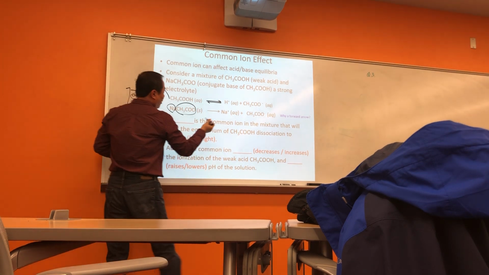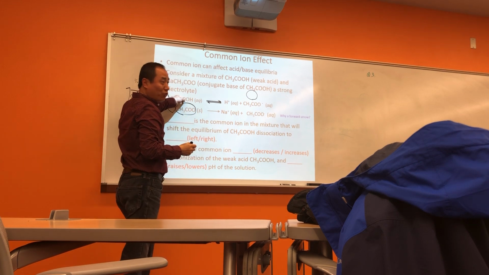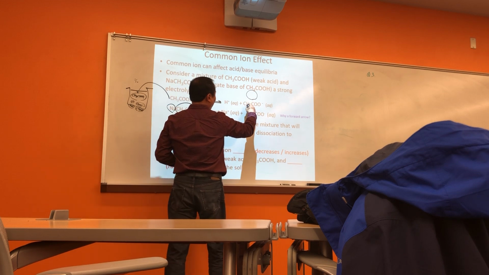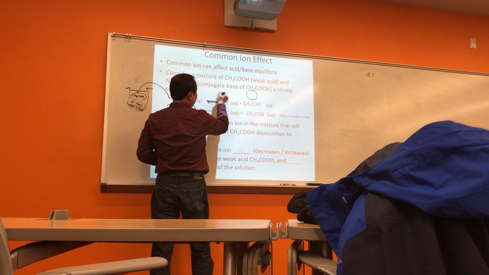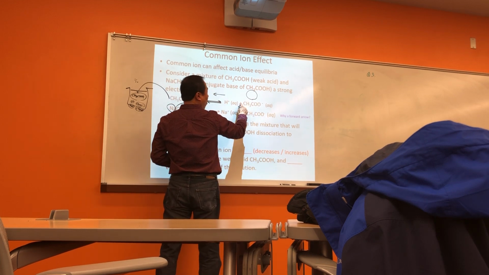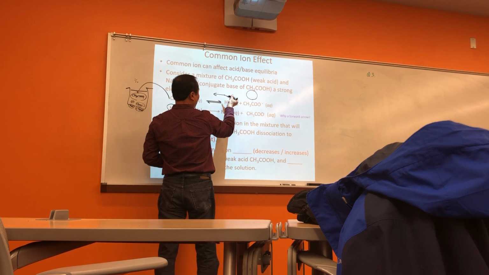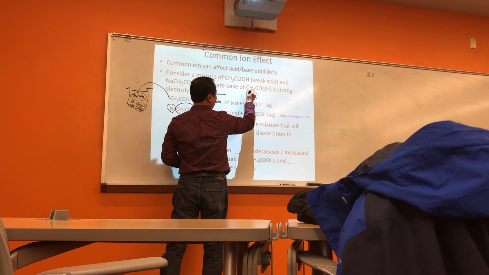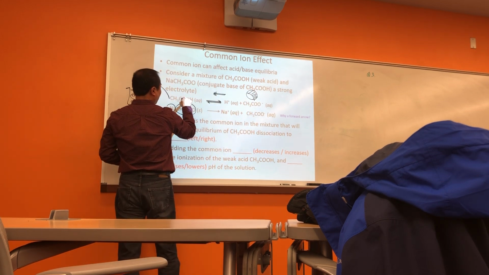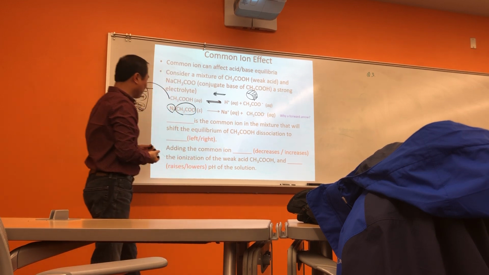So if you add extra of this, the system tries to oppose the change. Instead of having a lot more of that, it can shift in this direction to reduce the change. Chemical systems oppose change. So when you add more of this, it shifts in this direction, removing some of that. That means you make a little more reactant. That's what we call Le Chatelier's principle. Okay.